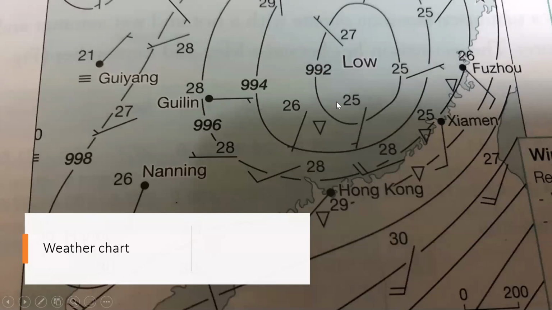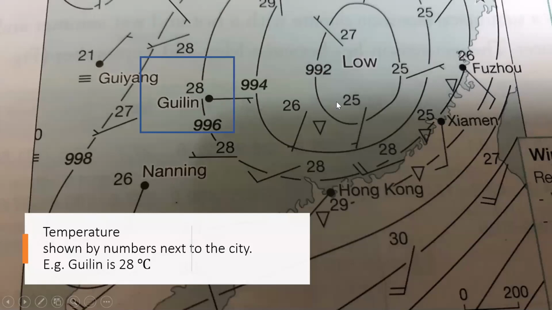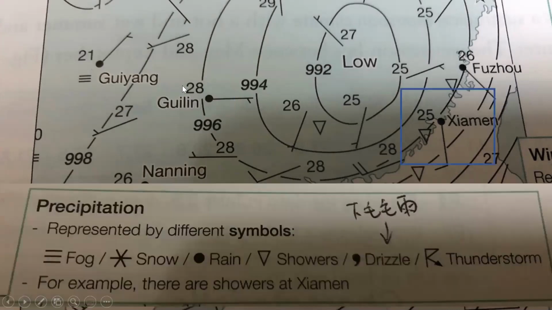So next. For example, let's look at Guilin. Guilin, the temperature is 20 degrees. Because you see Guilin and then it's the temperature. And then the precipitation. Now, precipitation is represented by different symbols. The 3 horizontal lines represent fog, mo.